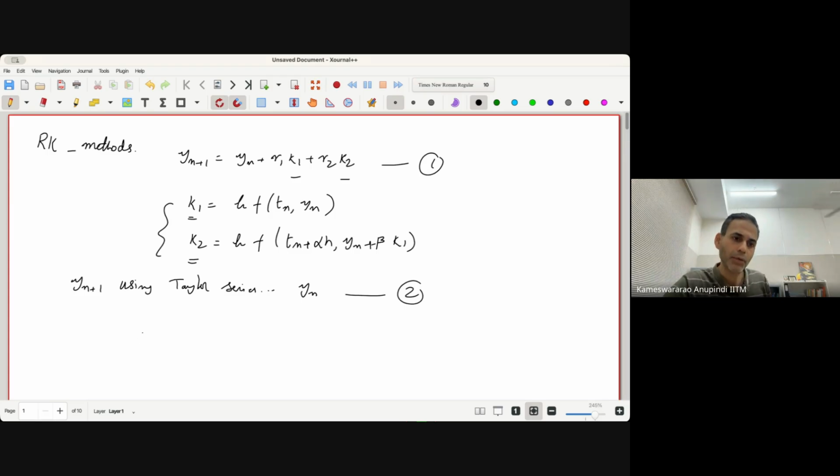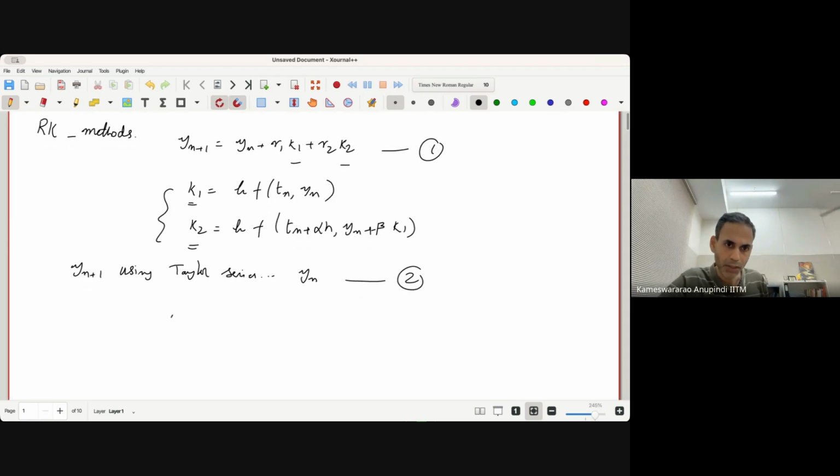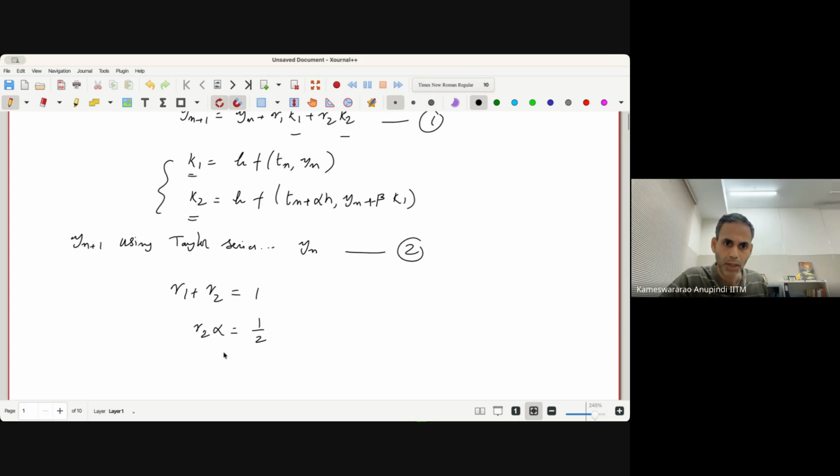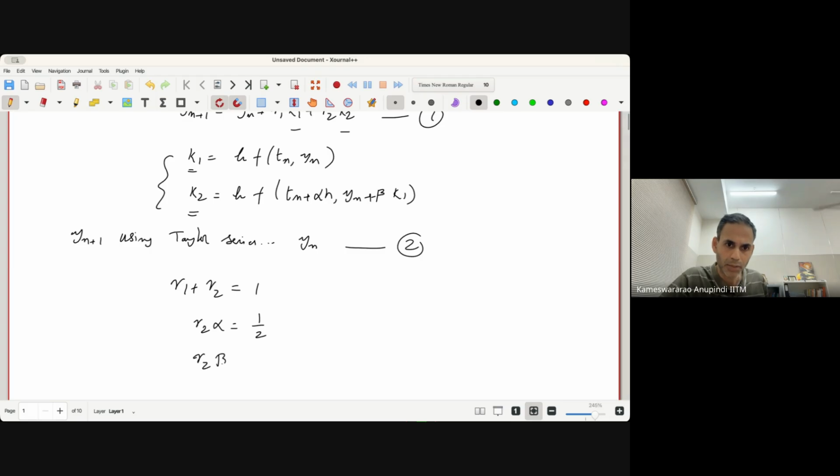We were able to compare these two, and then we got a few conditions. Those conditions were gamma 1 plus gamma 2 equals 1, gamma 2 times alpha equals 1 by 2, and gamma 2 times beta equals 1 by 2. I suppose this is what we obtained in the last class.